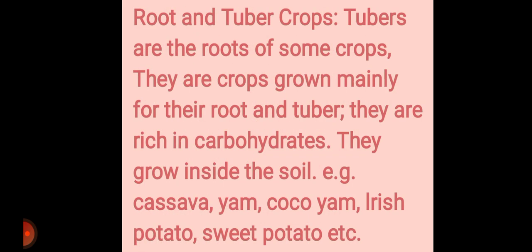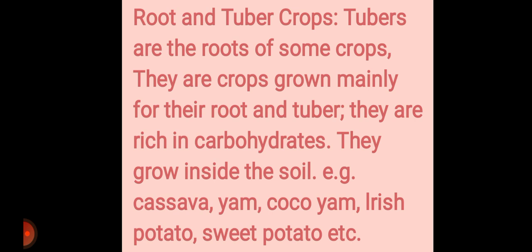Next we have the roots and tuber crops. The roots and tuber crops do not grow on the surface, they grow beneath the earth. They are grown for their roots and for their tubers. They are rich in carbohydrates. They grow where? On top of the soil? No, they grow inside the soil.